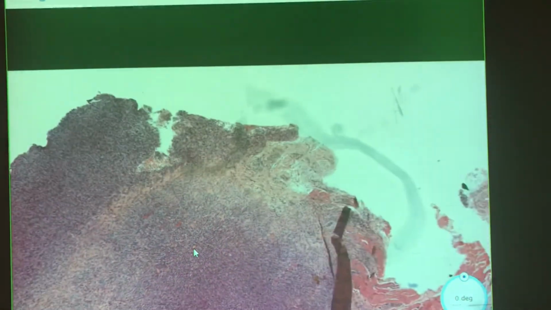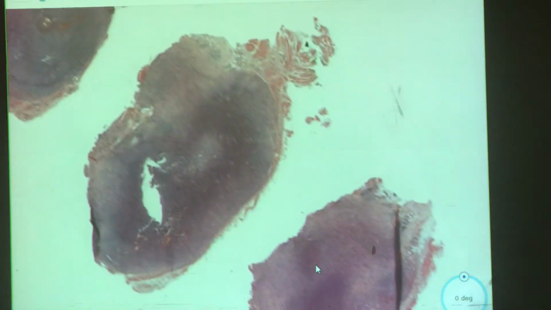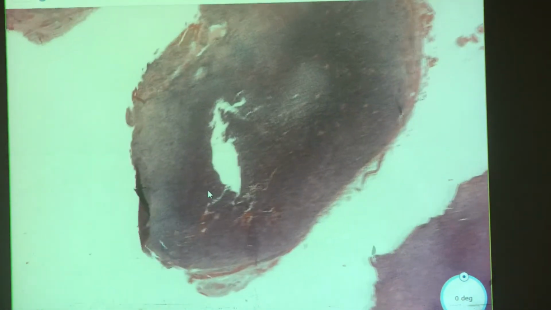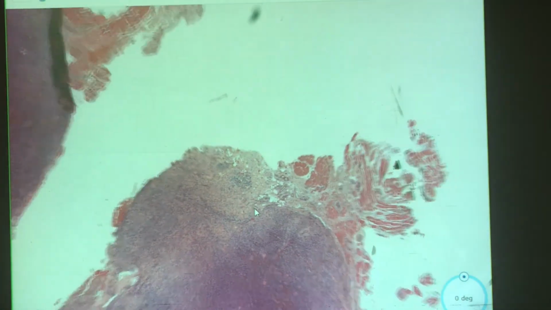There's another feature that I don't think you can really appreciate in this case, which is the Grenz zone. And I don't think we have any.